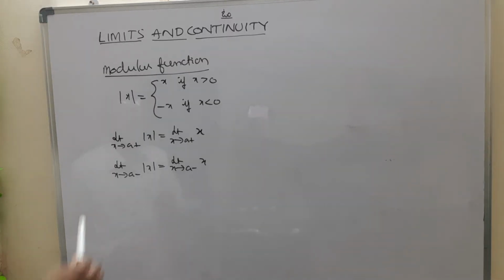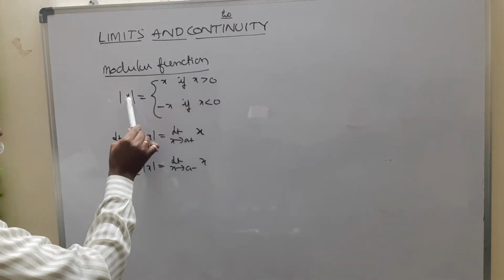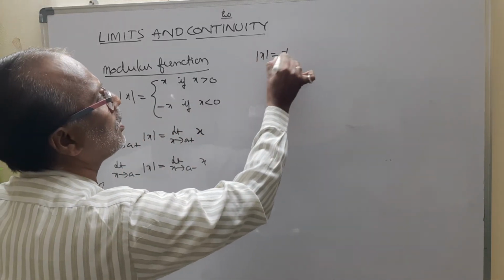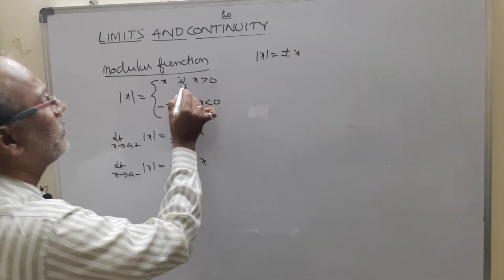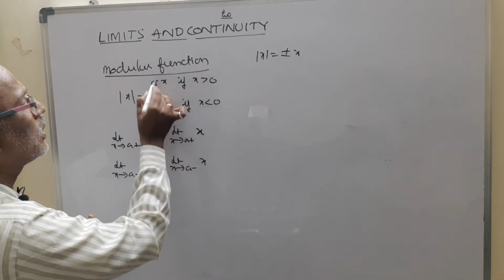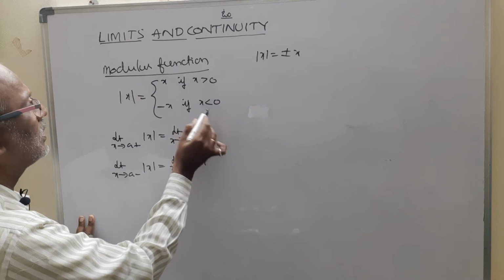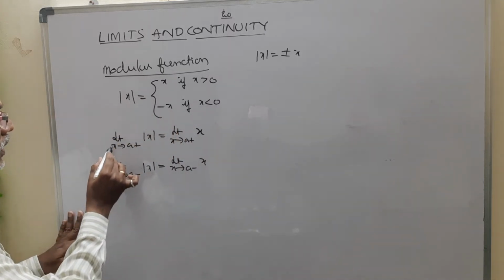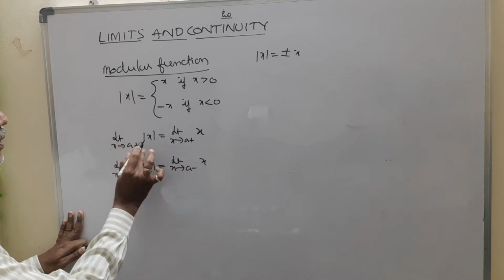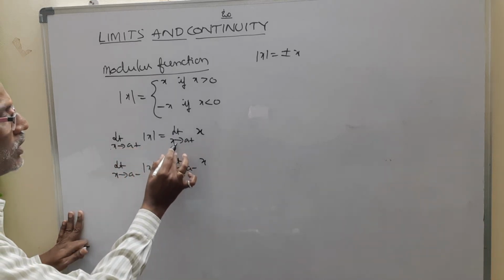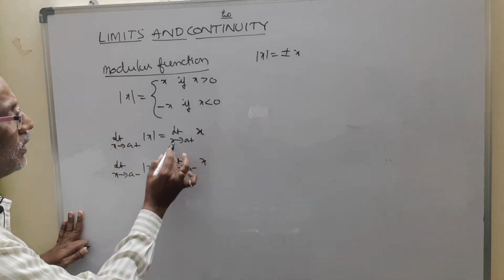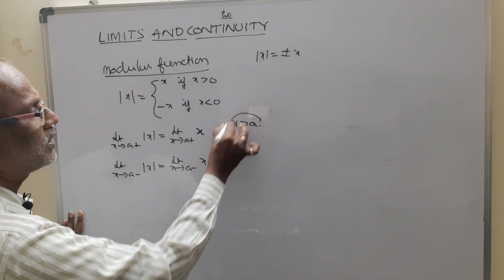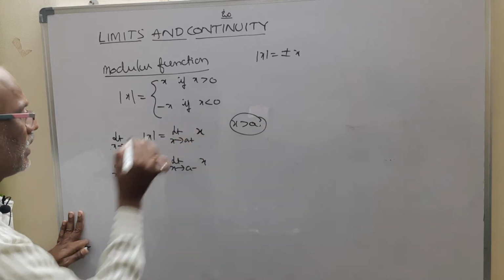Next, let us discuss the modulus function. Mod x equals plus or minus x. If x is greater than 0, mod x equals x. If x is less than 0, mod x equals minus x. In limits, limit as x tends to a plus of mod x equals limit as x tends to a plus of x. x tends to a plus means x greater than a, and if x is greater than a, mod x equals x.